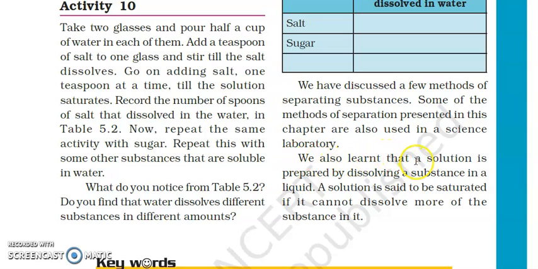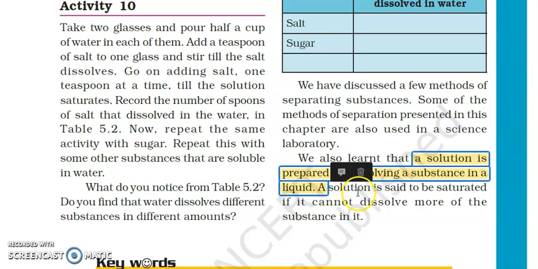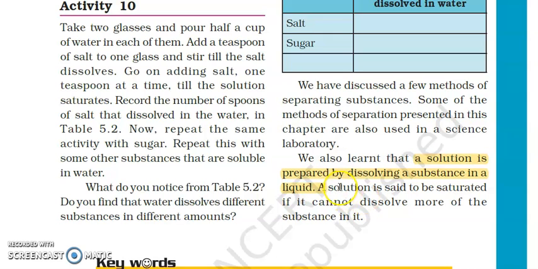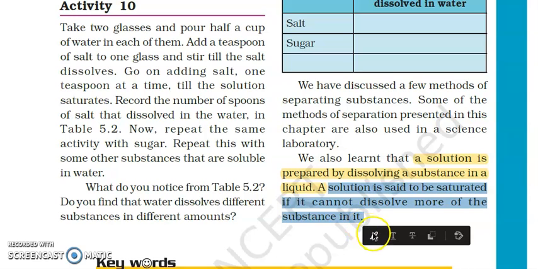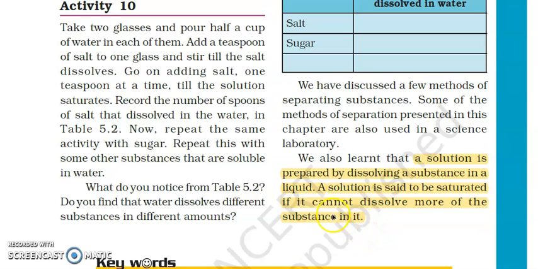So this you can highlight: a solution is prepared by dissolving a substance in a liquid, and a solution is said to be saturated if it cannot dissolve more of the substance in it.